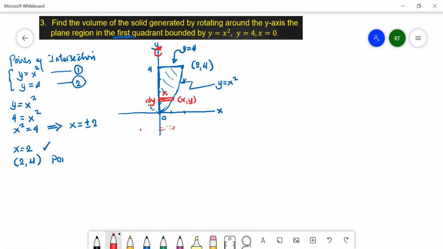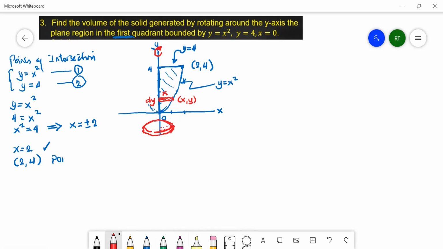So let us draw the circular disc, whose thickness is delta h. Pardon my drawing. So we have the disc.